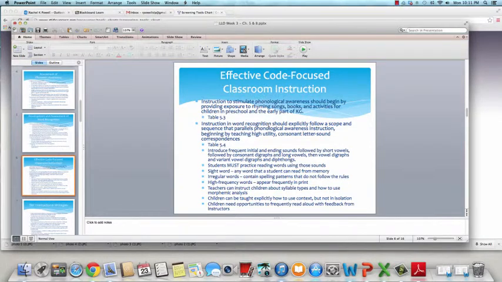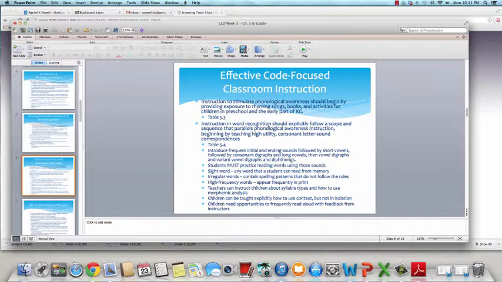Okay, let me back up for just a second and re-emphasize that this effective classroom instruction is following the tier model, and that what is good, effective Tier 1 instruction. And we'll get to that in just a second, but when you're looking at classroom instruction, it's multi-tiered. Tier 1 is your general classroom instruction. Tier 2 is more focused and strategic, and Tier 3 is your most intensive instruction for your individuals having the most difficulties.